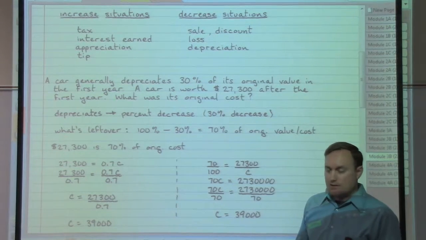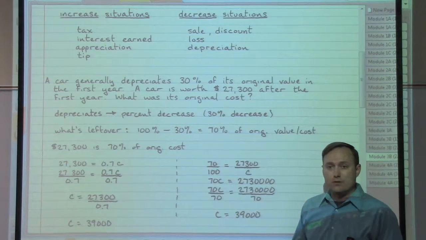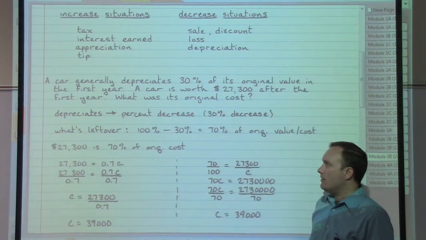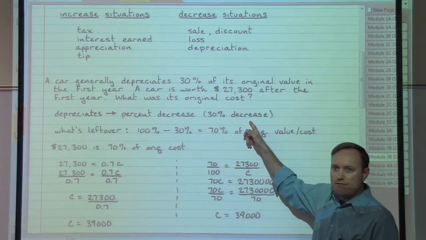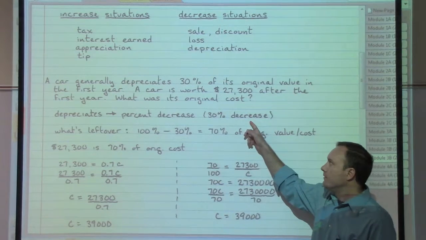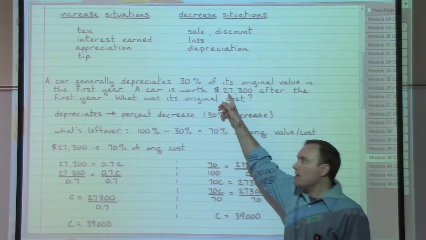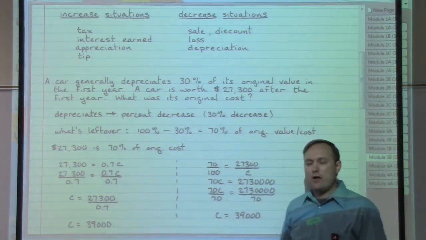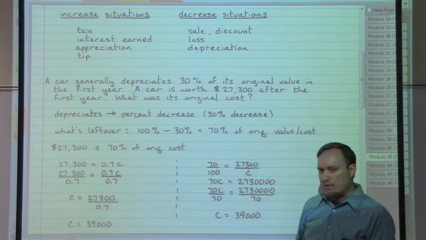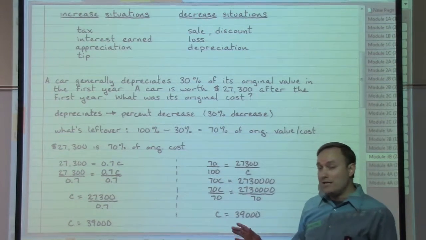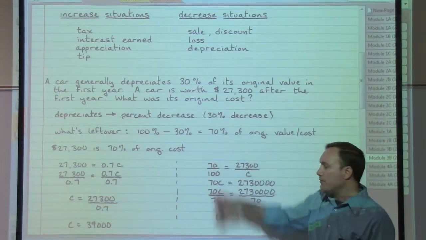If instead I had messed up my decimal point in a different way and gotten an answer like 390,000, well, remember that after only 1 year, 30% of the value is gone, and the value at the 1 year mark is 27,300. 390,000 dropping all the way down to 27,300 is way too big of a drop to match up with this 30% decrease.